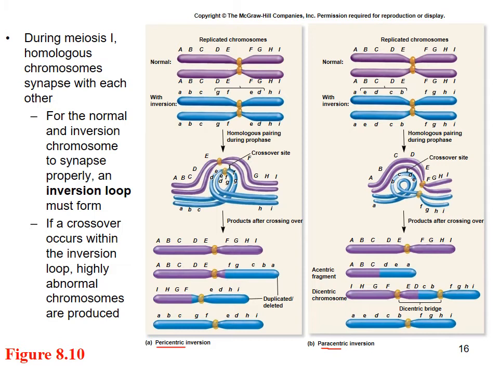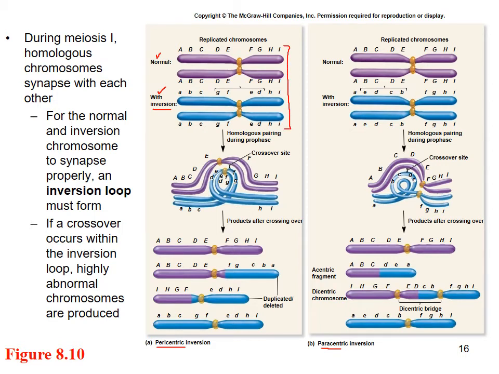Let's go all the way up, and what we see over here is inversion heterozygotes, because this person has a normal chromosome, and then one that has the inversion. So here's our normal order, and here's the inverted order. So this person is walking around, living his best life, no problems at all.